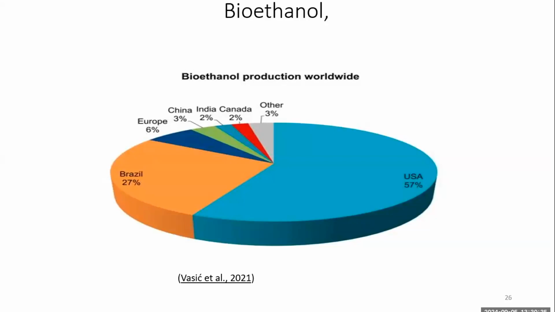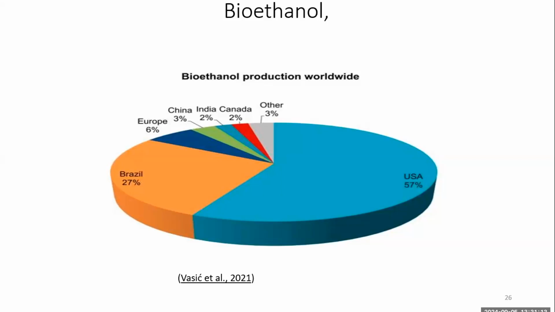One of the major energy sources used as a replacement for fossil fuel is bioethanol. From the statistics in this study, the United States produces 57% of bioethanol, while Europe, China, India, Canada, and others, where Africa belongs, account for just about 3% of bioethanol production.